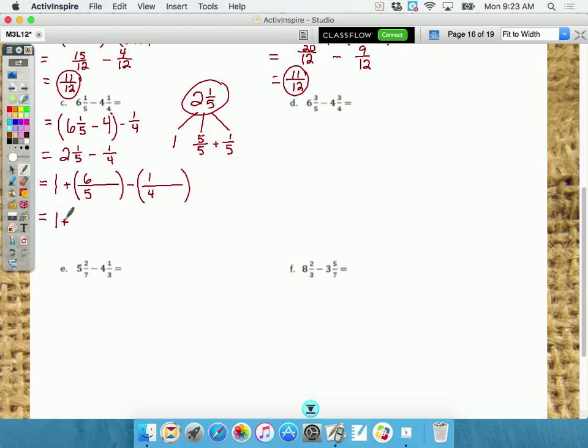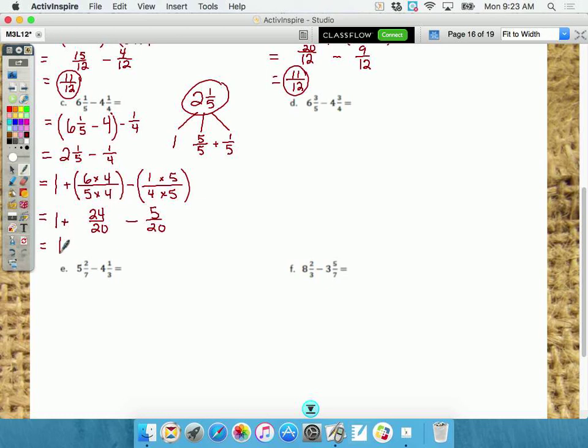So, new denominator, 20. Good job. 5 times what equals 20? 4. 6 times 4, 24, and 4 times 5, 5. Good. 24 minus 5, 19.